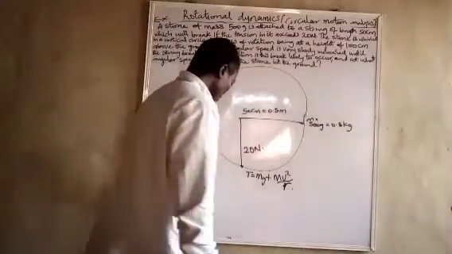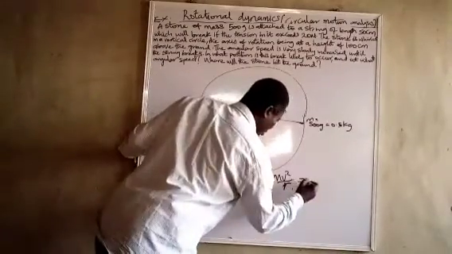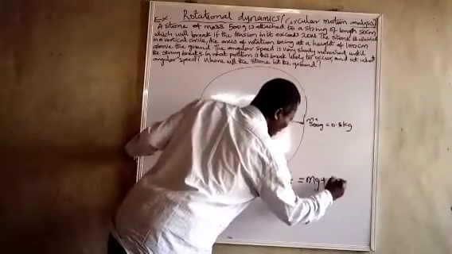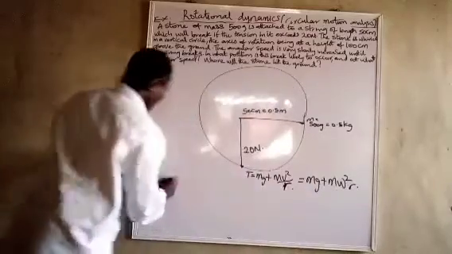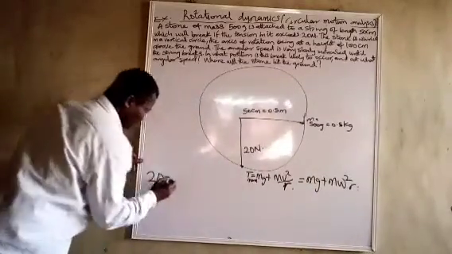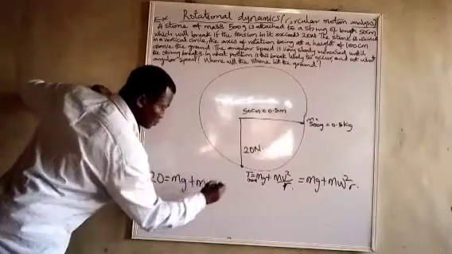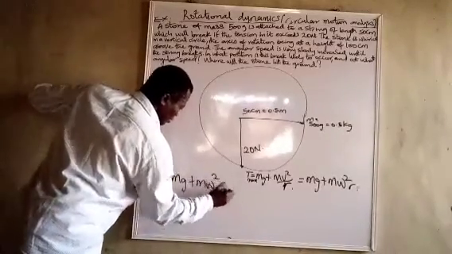Let us find the angular speed now. You can also make it like this: mg plus m omega squared r. Therefore, 20, that is T max, the maximum force, is equal to mg plus m omega squared r.